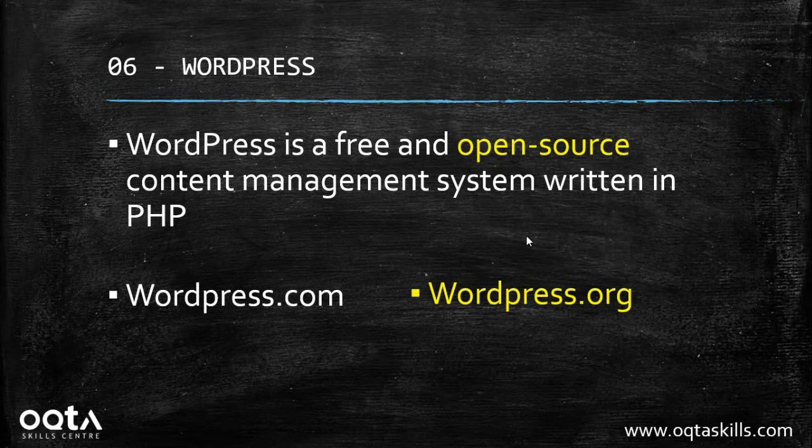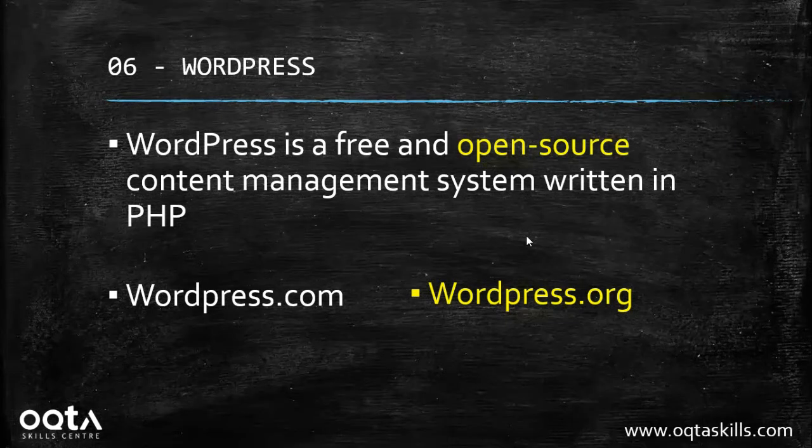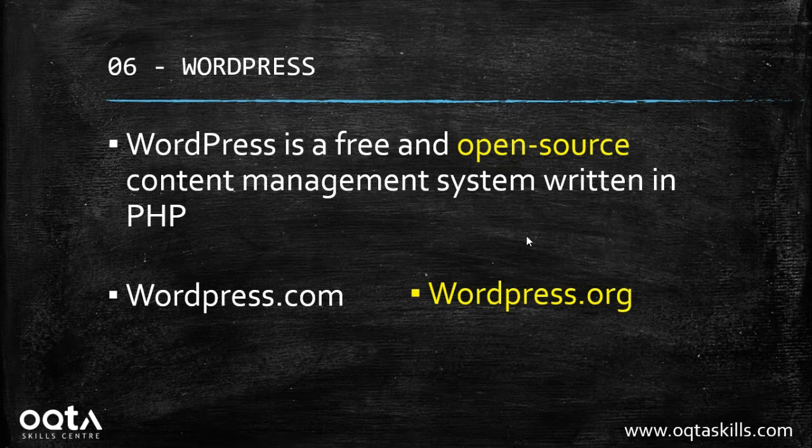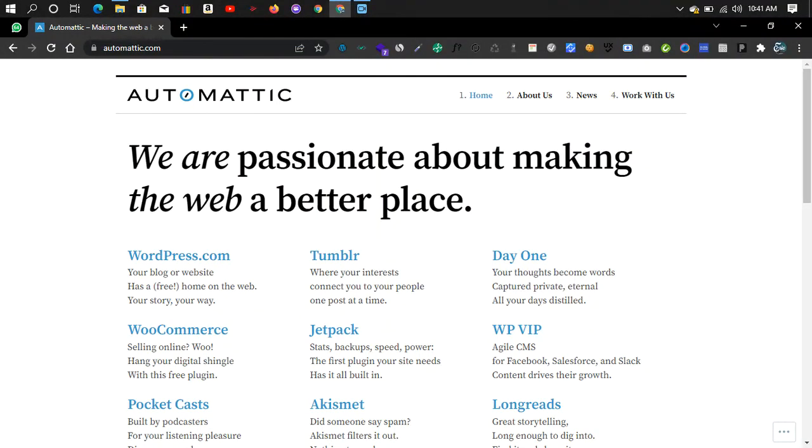Now, when we look at WordPress, we have two variations. We have WordPress.com and then WordPress.org. WordPress.com and WordPress.org are the same. The only difference between them is that with WordPress.com, it is hosted online, and it's run by the parent company, which is Automattic. Automattic is a company that runs WordPress.